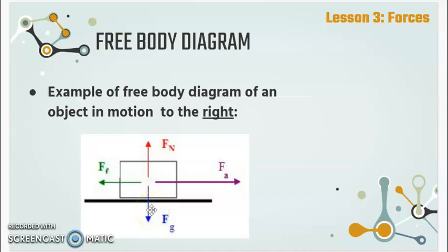The length of the arrow is the same, and so the box isn't going to accelerate in the up or down direction. But my applied force to the right is a bigger arrow than my friction force. When I see that bigger arrow, I know that the applied force is of a greater magnitude, and the result is that this box is going to move towards the right. So in general, wherever your longest arrow is, the object is going to move in that direction. And if you have balanced arrows, we'll see no motion.